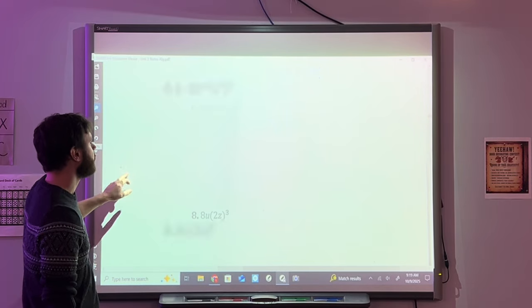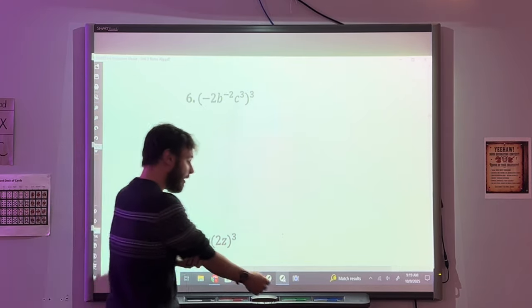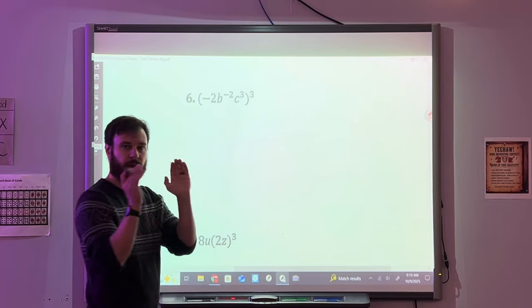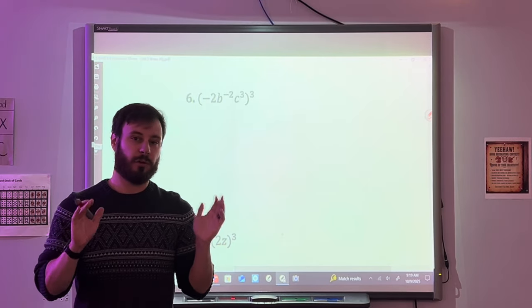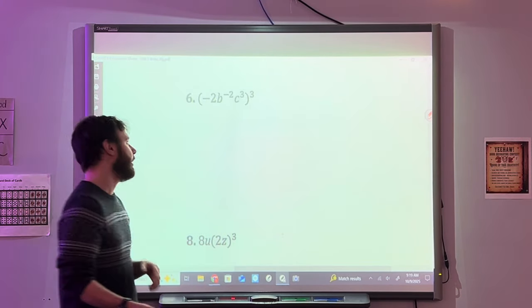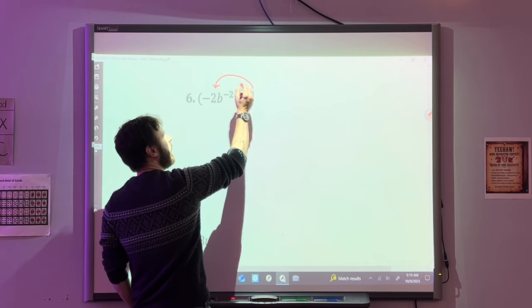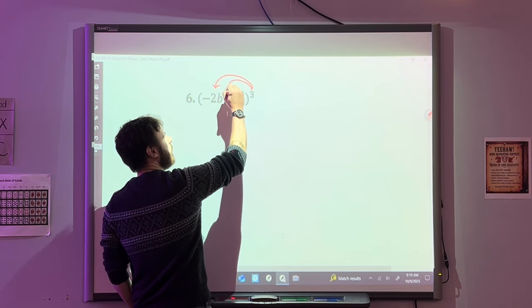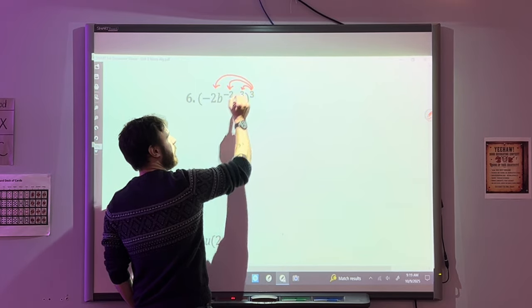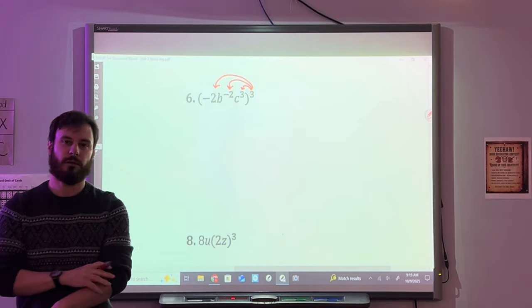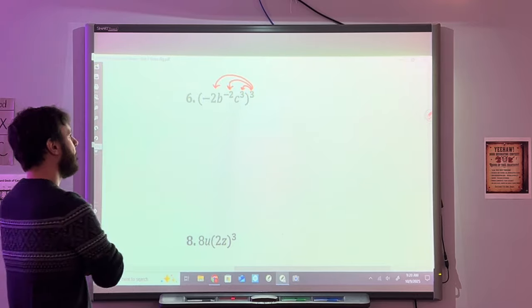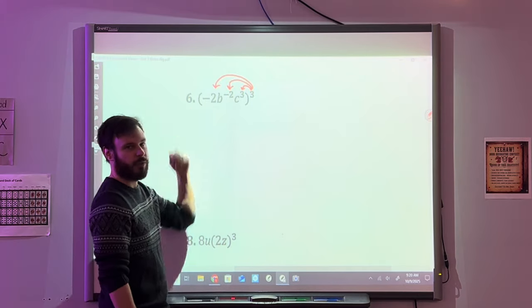Number 6. When I have an exponent on the outside of a set of parentheses, it's called the power rule. I need to bring that in, and how I bring it in is a lot like distributing. I give it to every item inside. Here's how we do that. Real numbers will get raised to it.